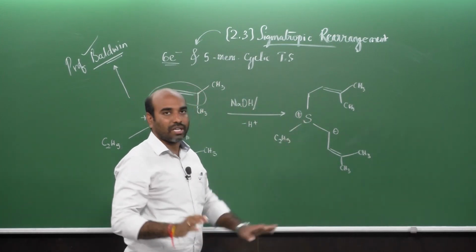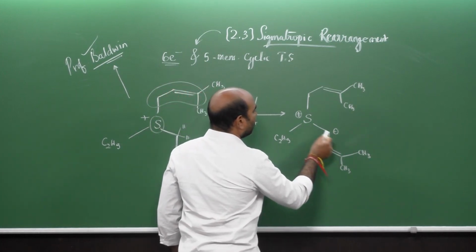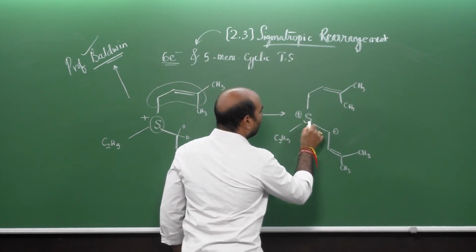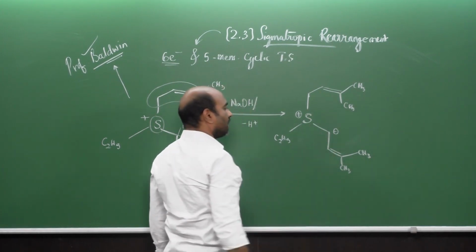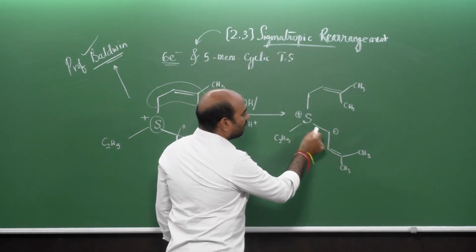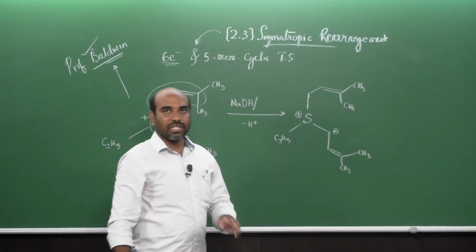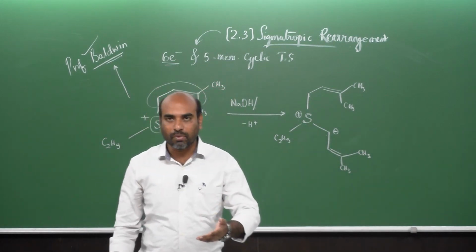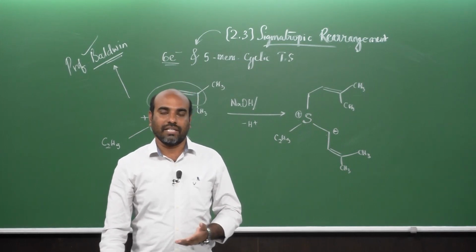So this step is not a pericyclic reaction, right? What you can clearly see here is that sulfur, being more electronegative than the carbon atom, bears a positive charge, whereas the carbon adjacent to the more electronegative atom bears a negative charge, which is the opposite of what we have seen in earlier cases.